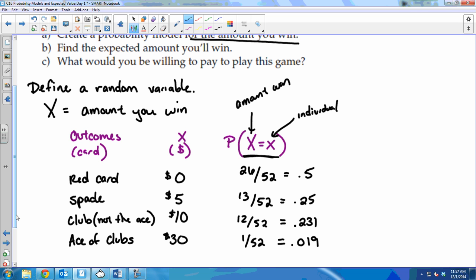Now if you look at the fractions, since I rounded, the decimals won't work out as pretty. If you look at the fractions, what do all the fractions add up to be? 52 out of 52, right? In a probability model, you still have to have probabilities that add up to 1. If they don't, you're missing an outcome somewhere. Okay? But this is our model. This is part A. This is what they asked us to do.